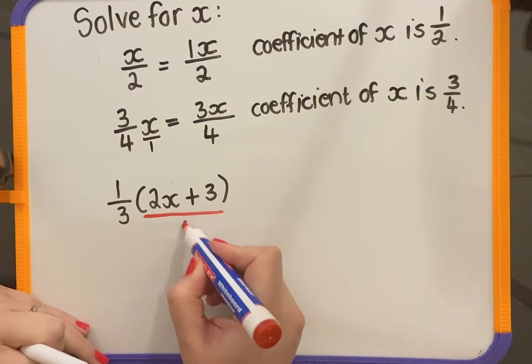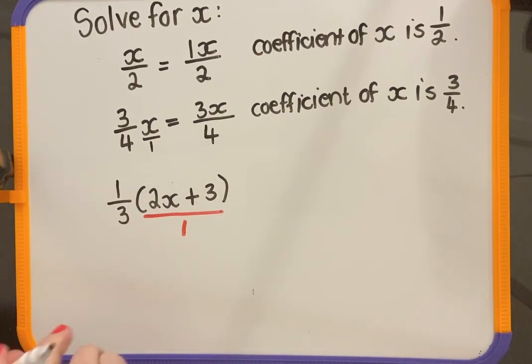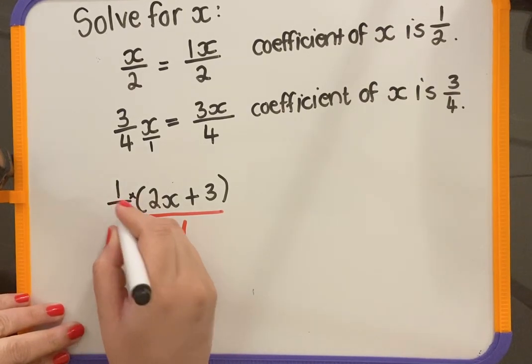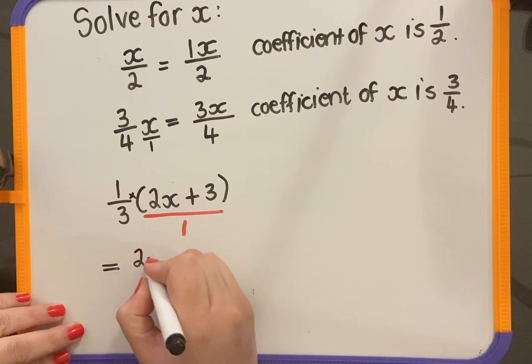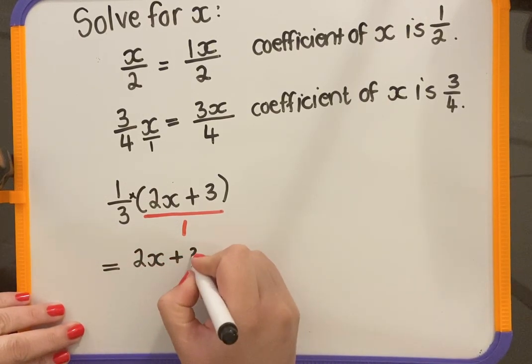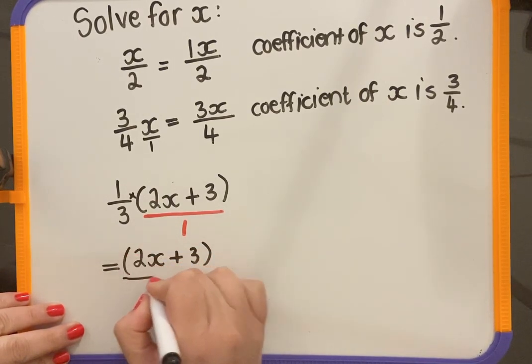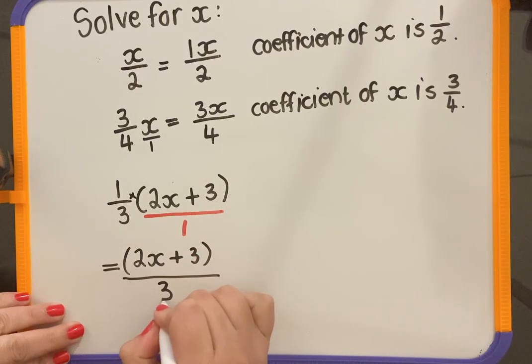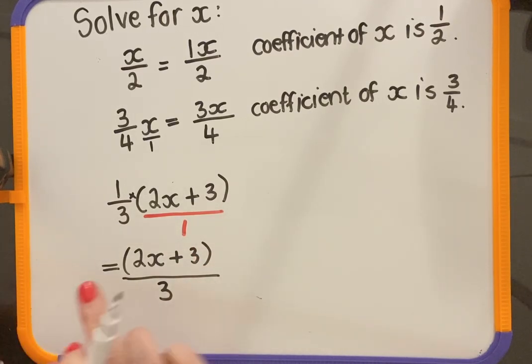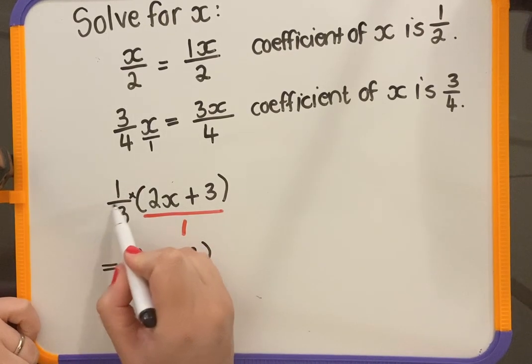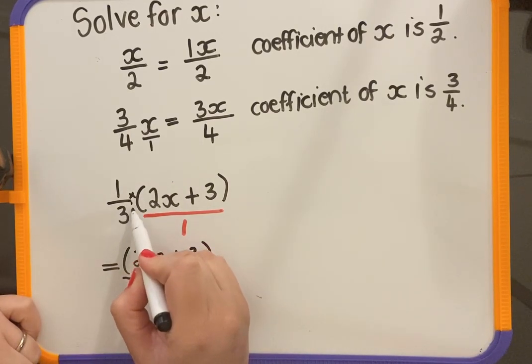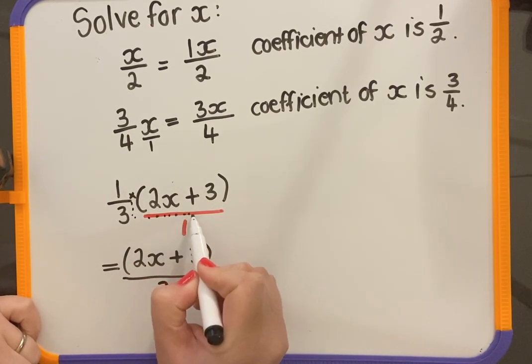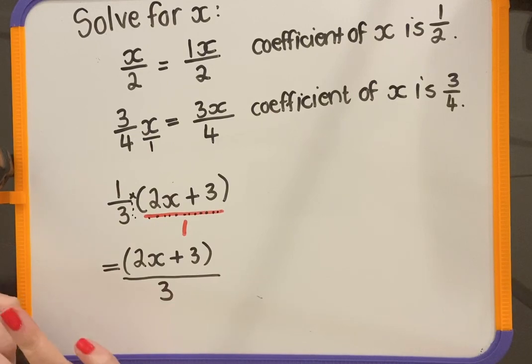It's actually over 1. So let's say there's a little multiplication sign over there. 1 times 2x plus 3 is 2x plus 3. 3 times 1 equals 3. So in fact, you can just take this little fraction line and extend it over the bracket.